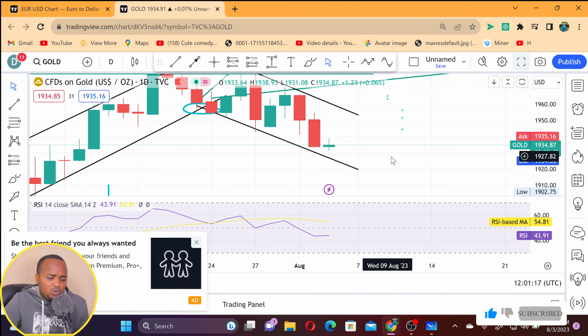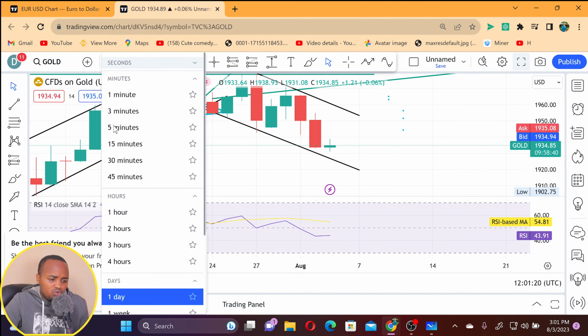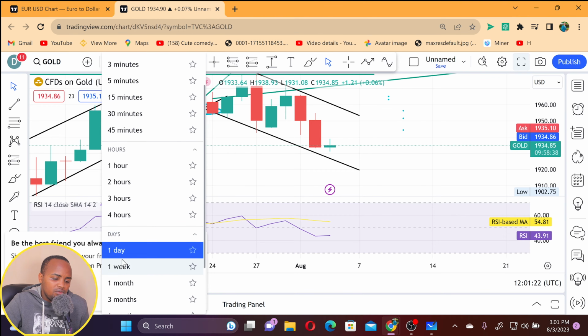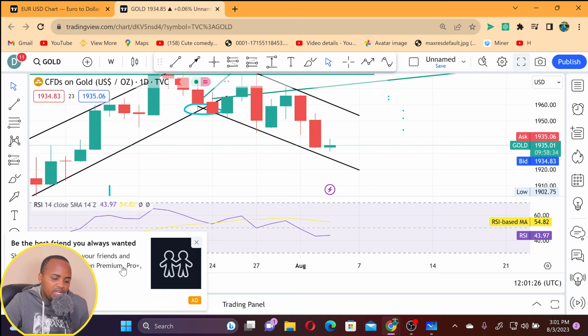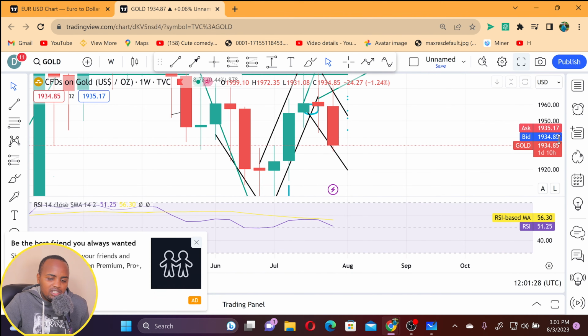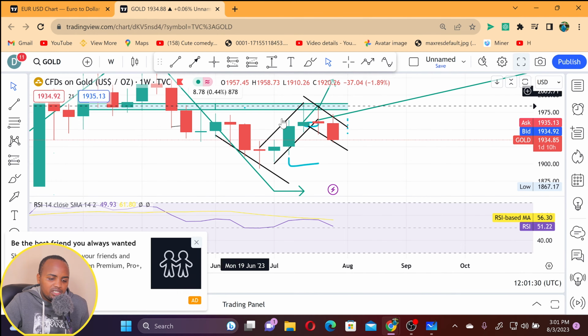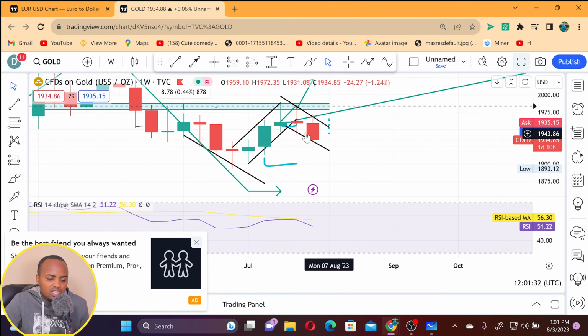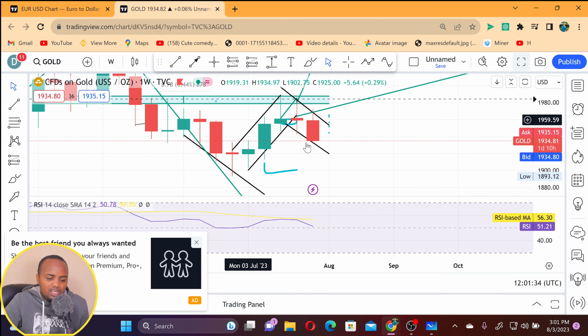Now let me go to the 4-hour time frame, and we have weekly candlesticks. This is the candle that has been formed this week. After this week ends, after 7 days, another candlestick will open and we'll see the direction.